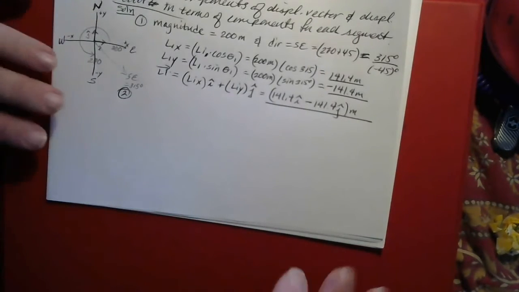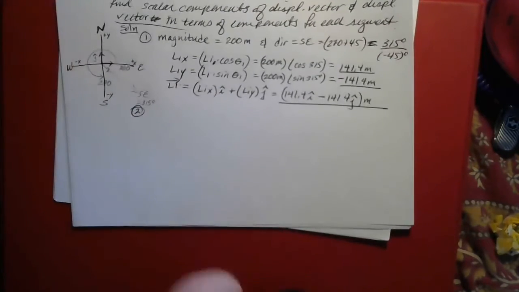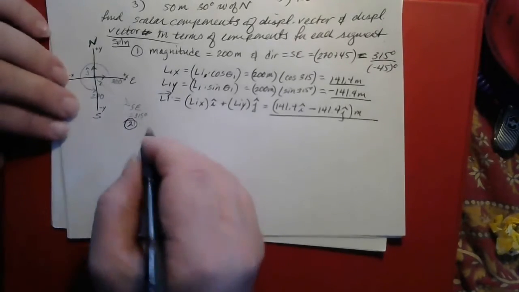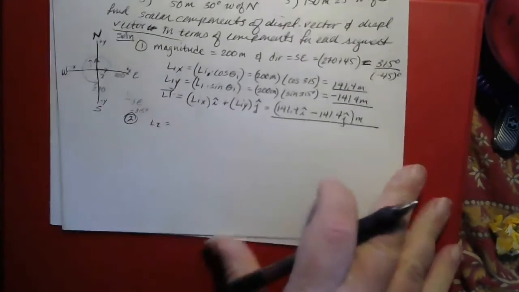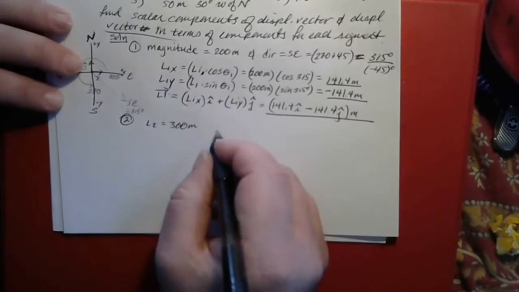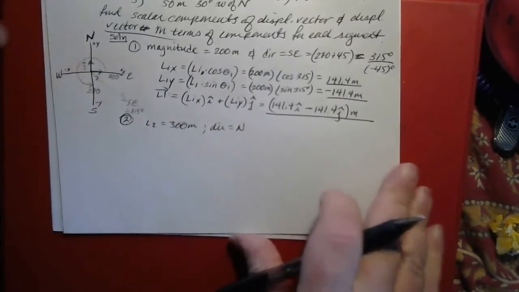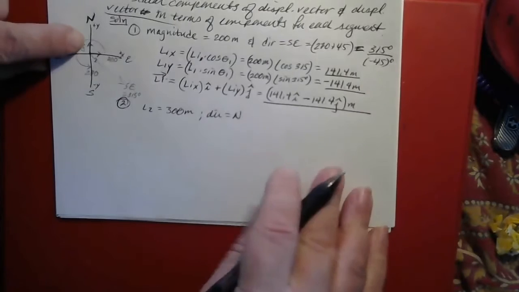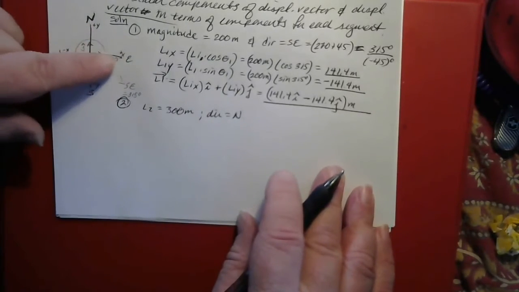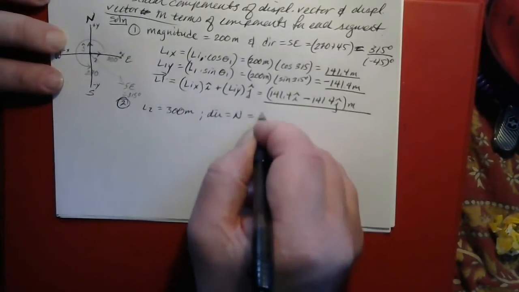The second segment, same idea, only with different numbers. You first have to find the magnitude for the second leg of the journey, and that's 300 meters. And the direction is north, which according to our axes would be 90 degrees from 0, which is the east direction or the positive x-axis.